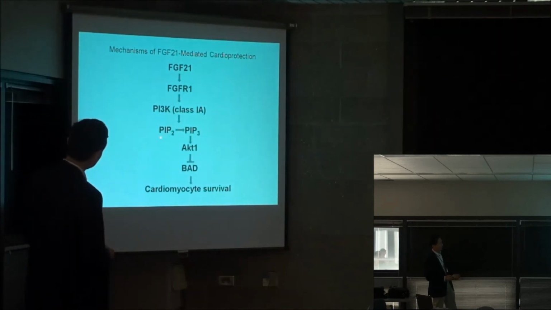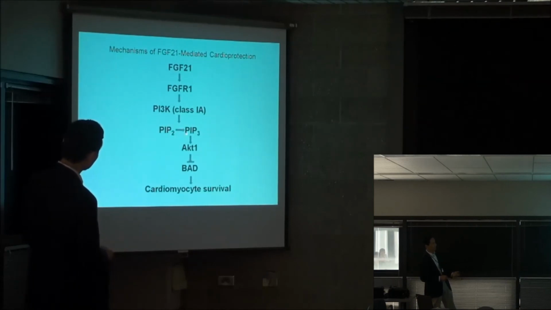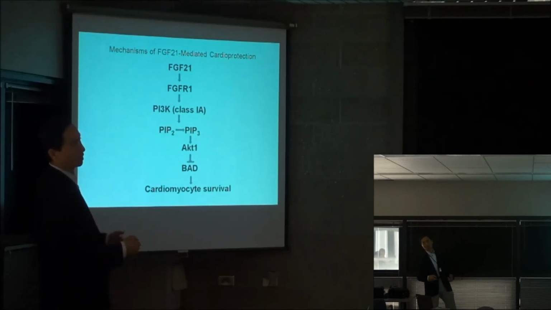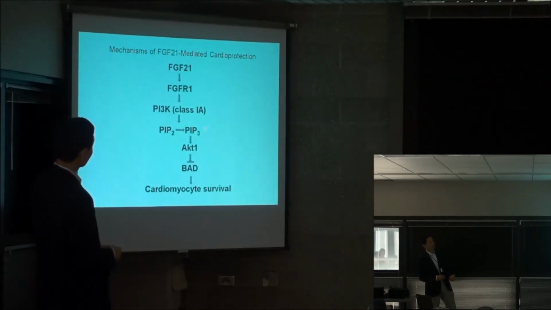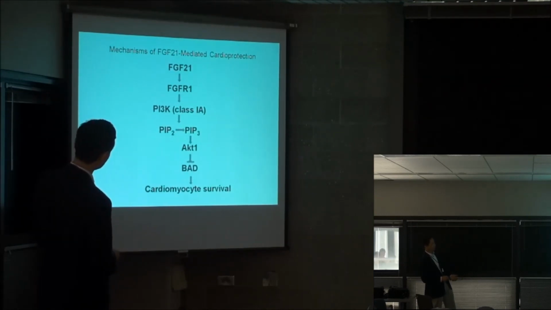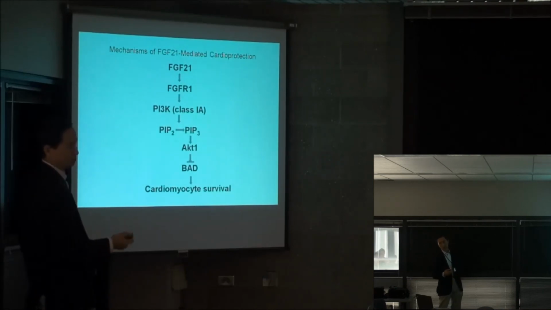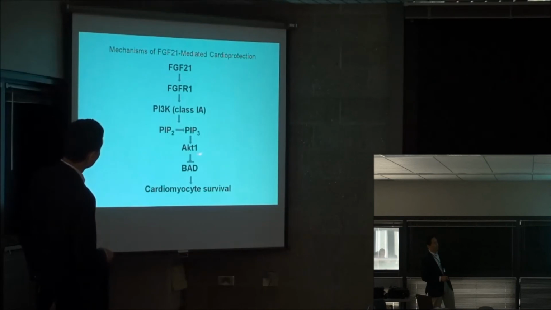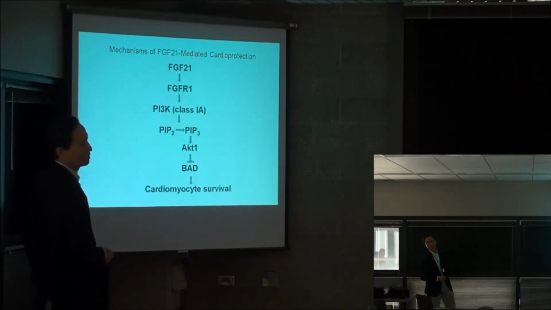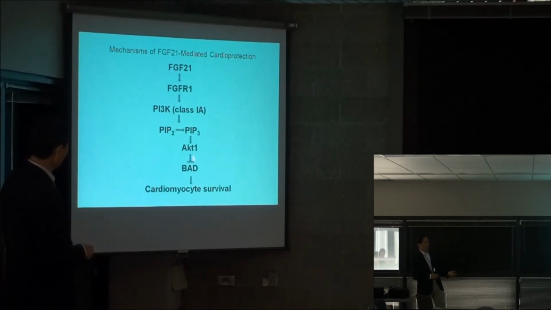PI3K acts on a phospholipid molecule called PIP2 and turns it into PIP3, meaning one more phosphate group added to this phospholipid molecule. PIP3 will activate another molecule called AKT1. It's also a kinase. This kinase will act on a downstream molecule called BAD, BCL2-associated death promoter. The name doesn't mean anything, but that molecule causes cell death.